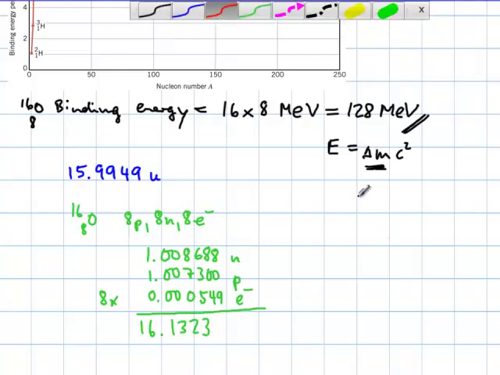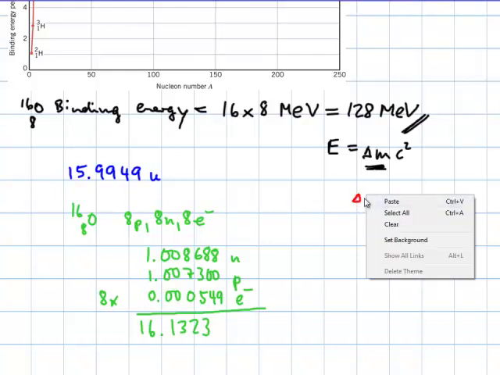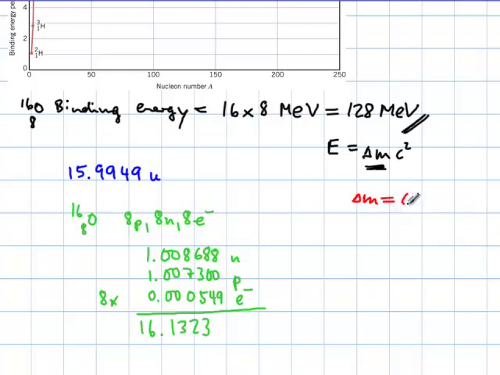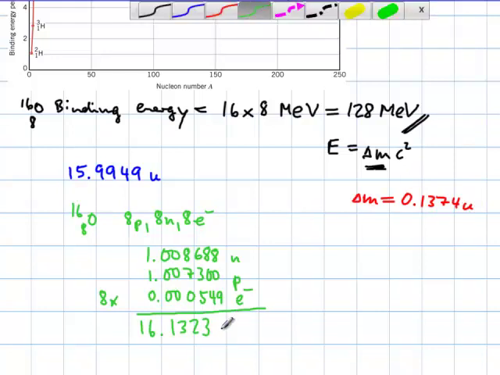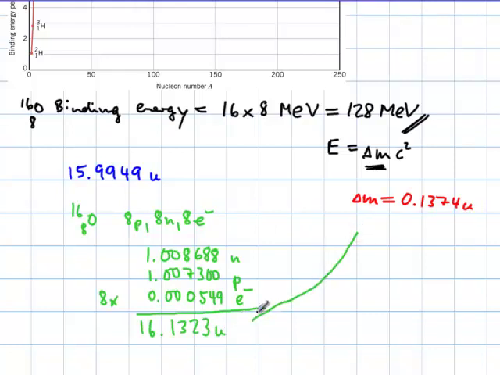So delta M equals 0.1374 atomic mass units. And now I subtract these two from each other.